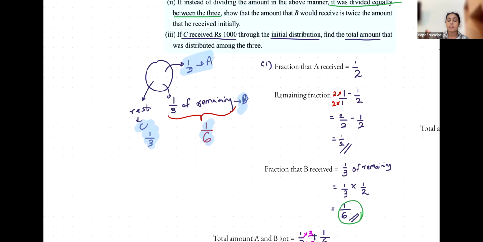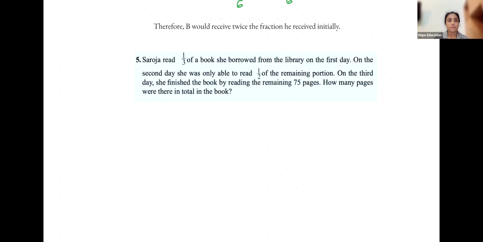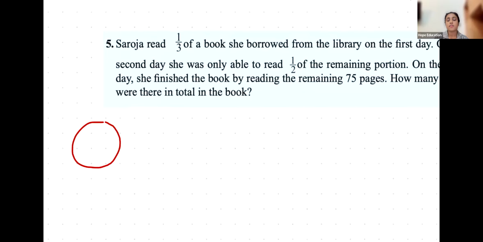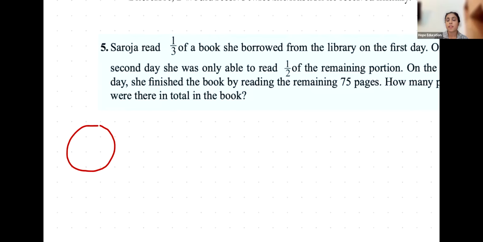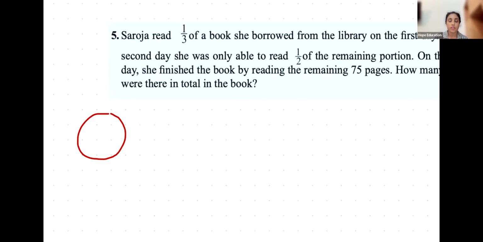Whenever you get a fraction question, it is easier to process if you have a little sketch or diagram. So it's good to do that as a practice. First day, she reads 1 over 3.